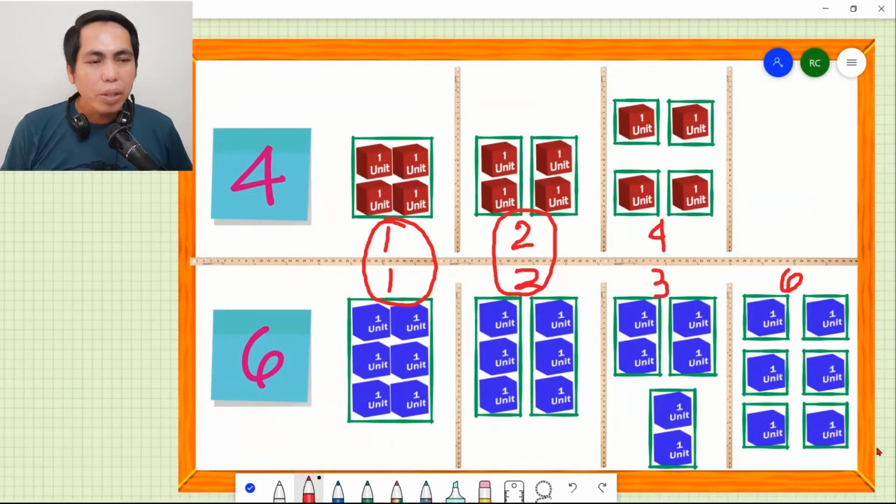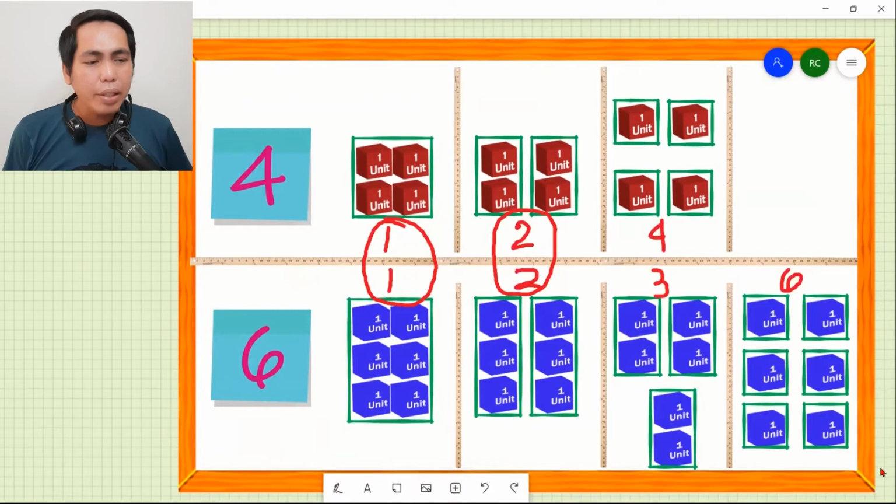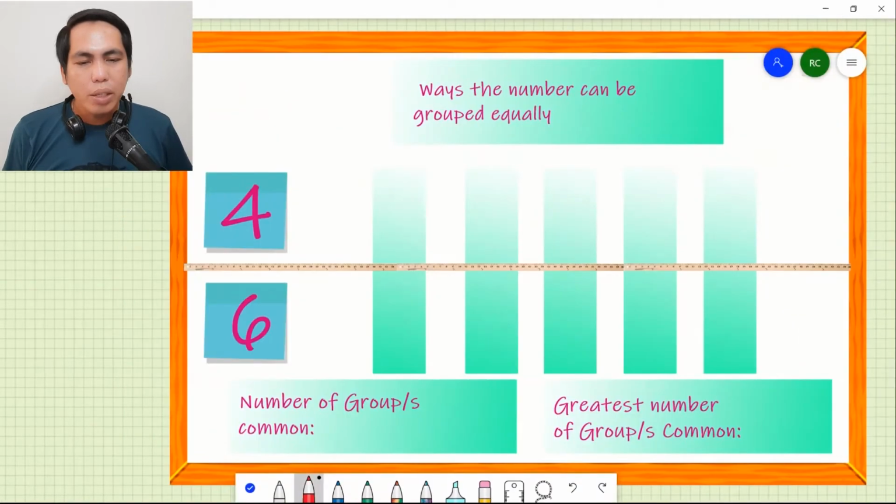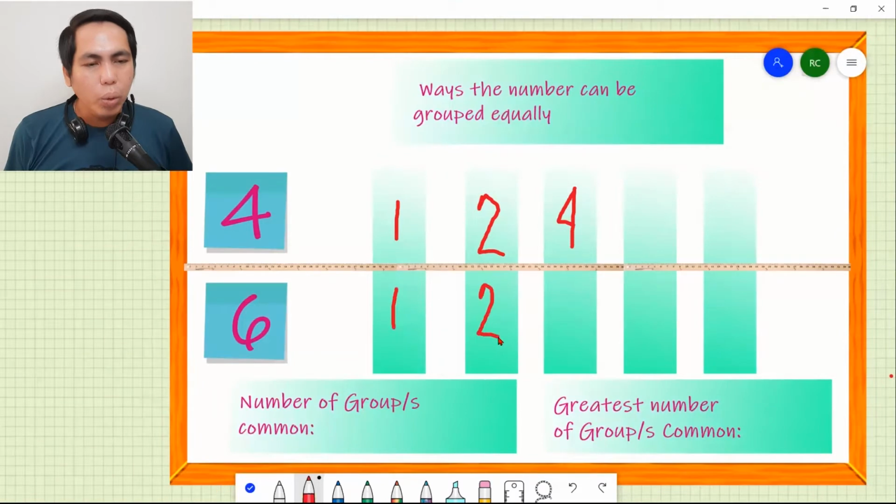Now, based on this illustration, we can now answer these questions. Based on our illustrations earlier, we said that 4 can only be grouped equally into one group, into 2 equal groups, or into 4 equal groups, while 6 can be grouped equally into one group, into 2 equal groups, into 3 equal groups, or 6 equal groups.